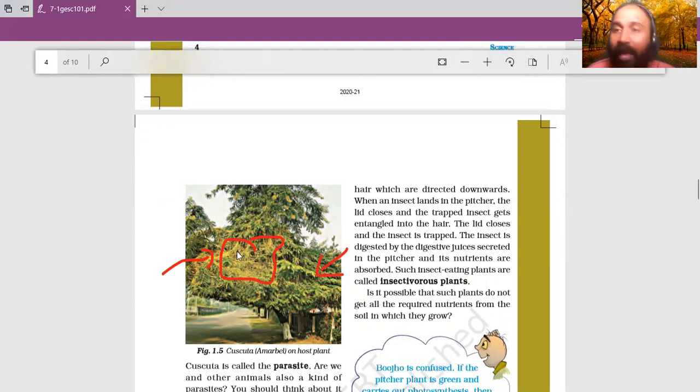This plant is not simply there. There's a reason. It is stealing food from the stem of this particular plant. This small yellow plant is wrapped around it, and it penetrates its part inside the main plant and steals food, that is glucose prepared by photosynthesis by the main plant.